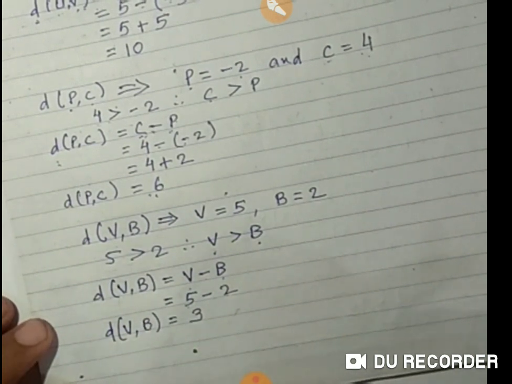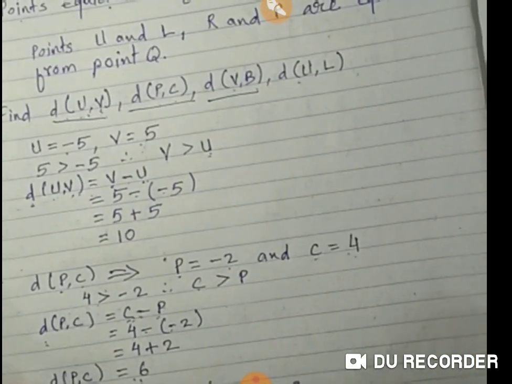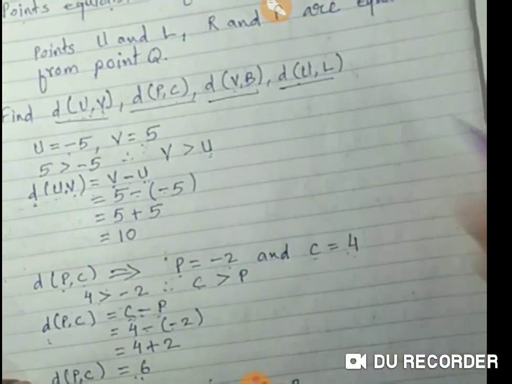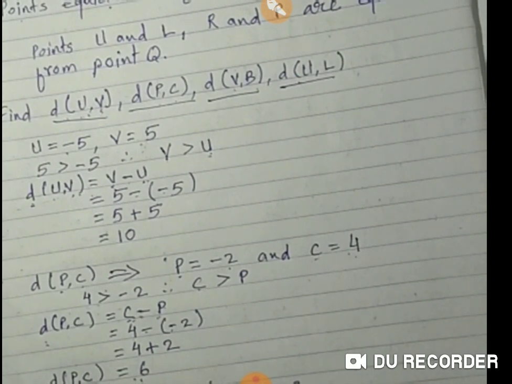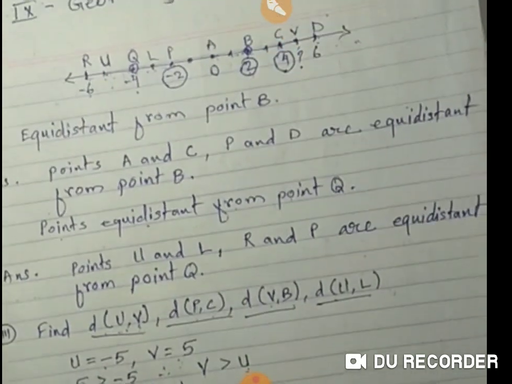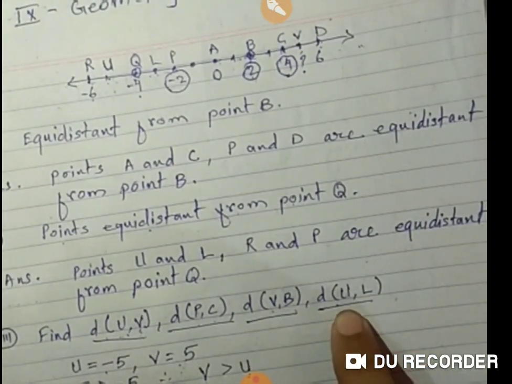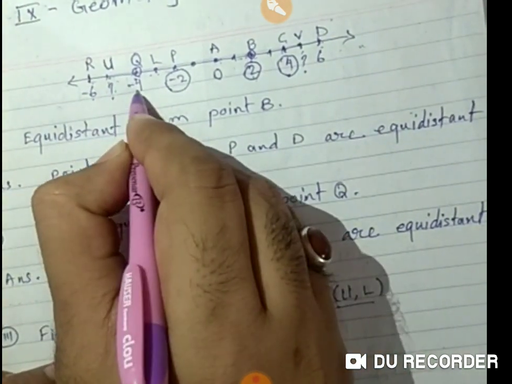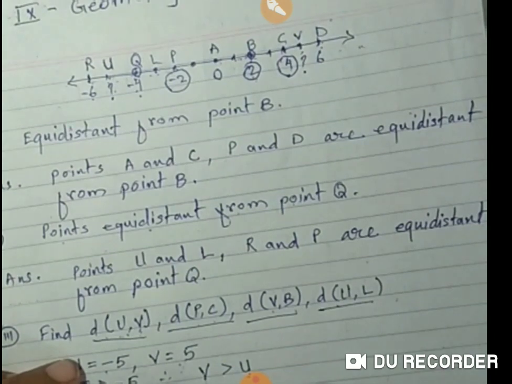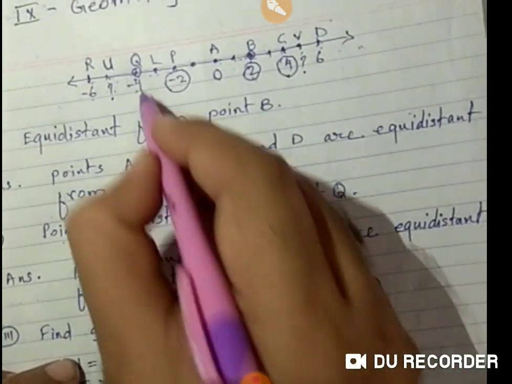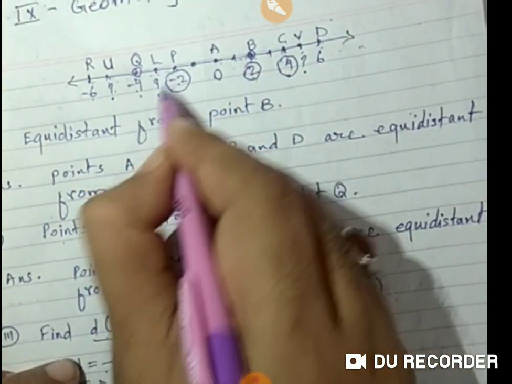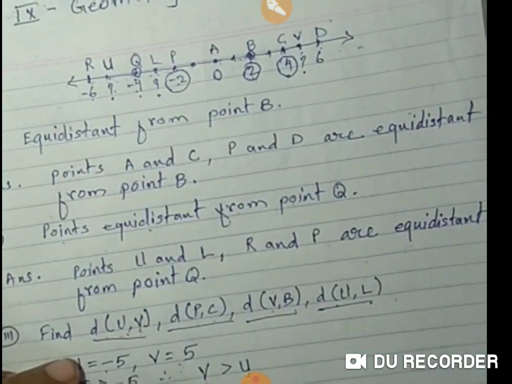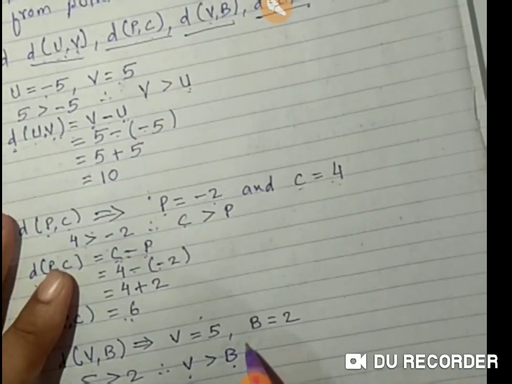Then we have one more question. Distance between UL. So again I'll go back to my number line. On the number line, coordinate of U is here. So here we have -4, so it is -5, and coordinate of L is here. So here you have -2, so this should be -3, right? So I'll write those two coordinates. I'm going to solve this question here only.